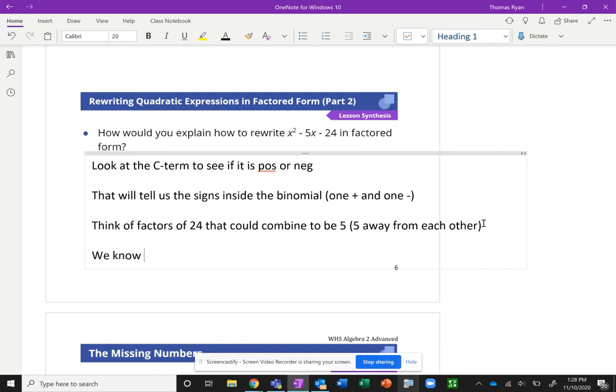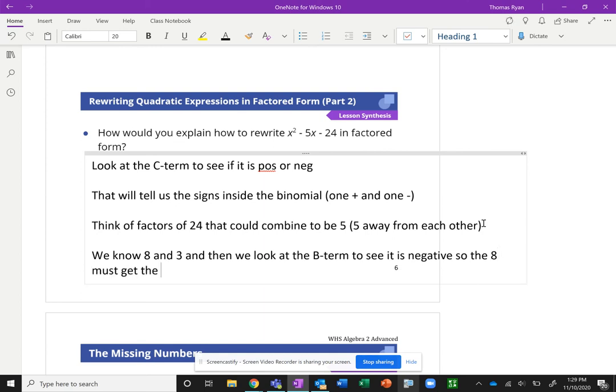So we know it's going to be 8 and 3, and then we look at the B term to see it is negative, so the 8 must get the negative. And lo and behold, x minus 8, x plus 3. Bada bing, bada boom. Look at us go.